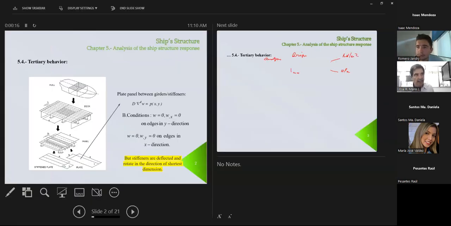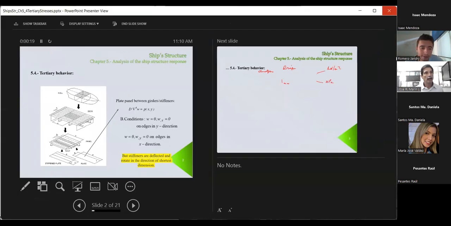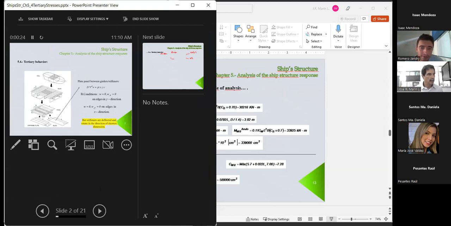Full screen or half screen? Okay, let's see.